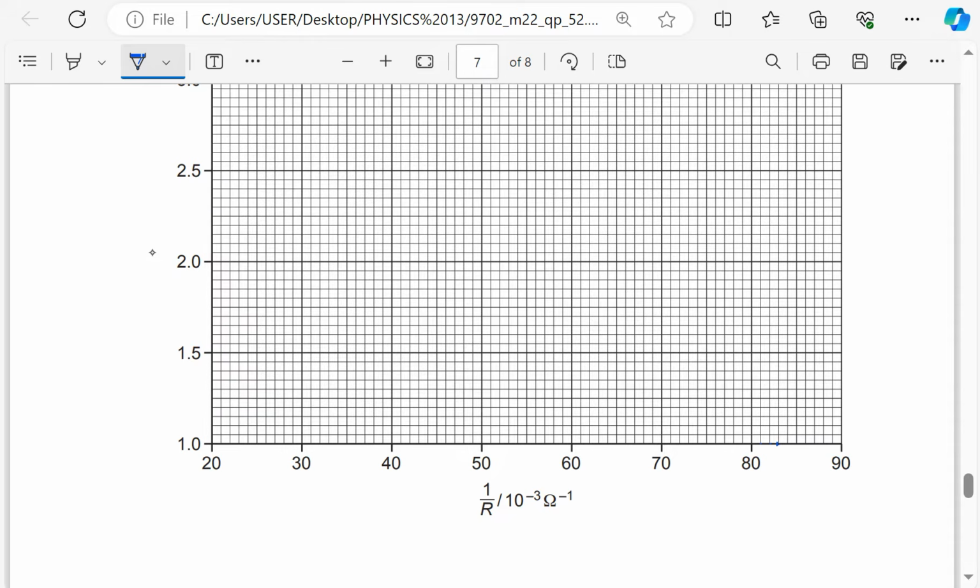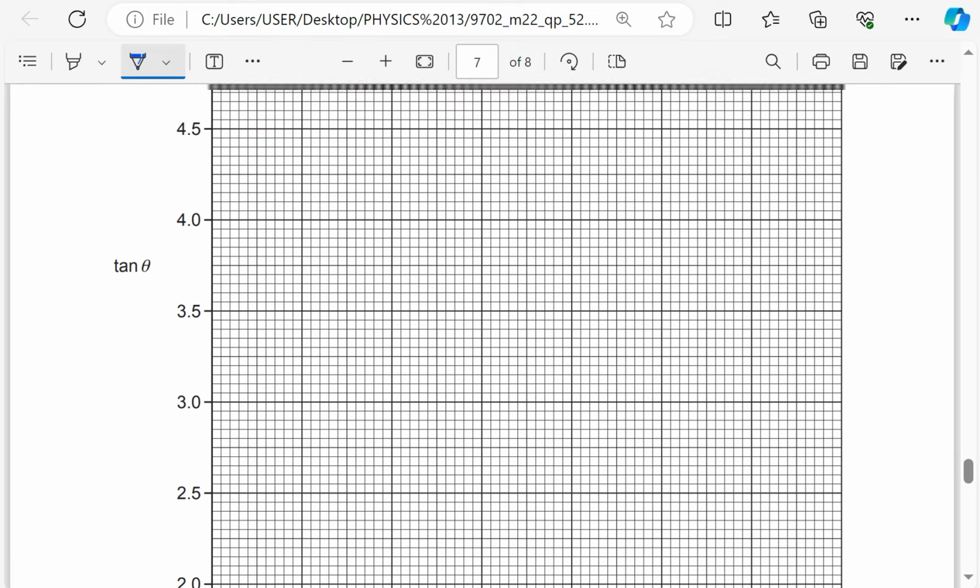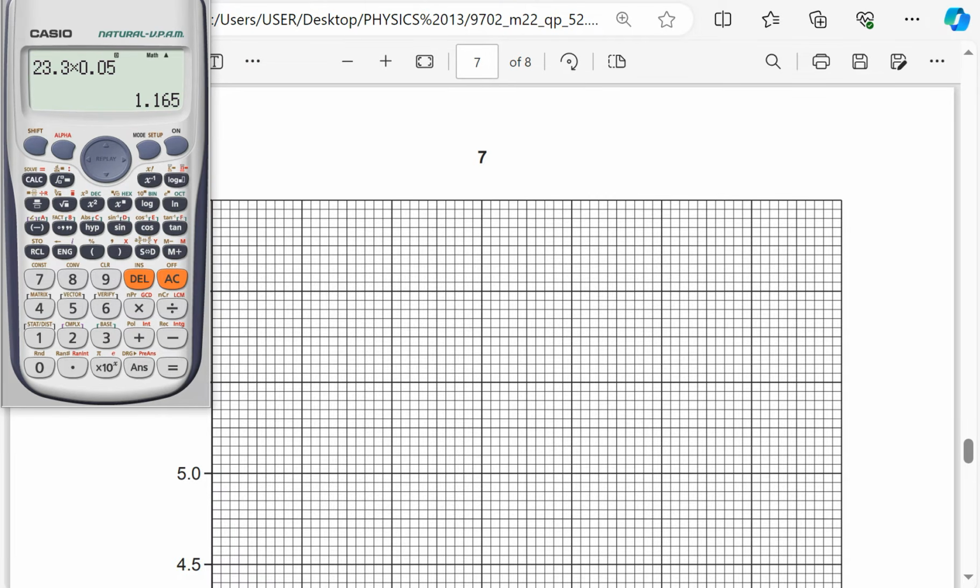Then on the vertical, I have 6.174. The scale on the vertical is 0.5 divided by 10, that is 0.05. Every small box is 0.05. So I'll add 2 boxes to get 6.1.